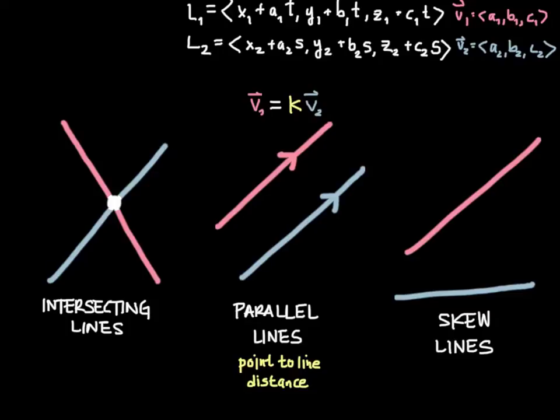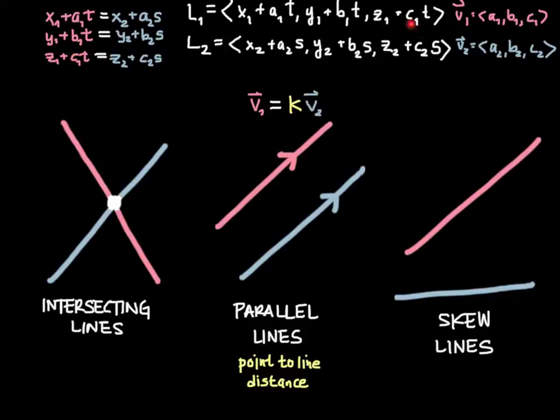And the exact way to do that is simply by taking these two component functions and setting them equal to each other. Here's what this system of equations generally looks like. Now remember, this is what these line equations look like in their most general form.